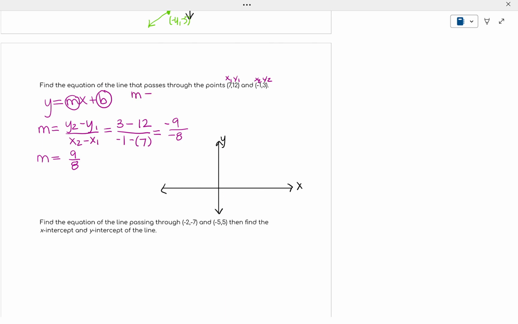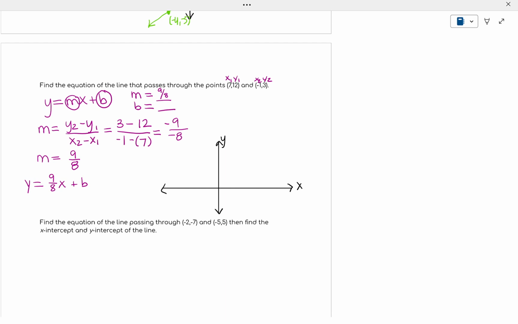So now we just found m. And it's always nice to maybe write a solution box for m and b. So we just found m, which is 9 over 8, and we're still left with finding b. So we can write y equals 9 over 8x plus b.